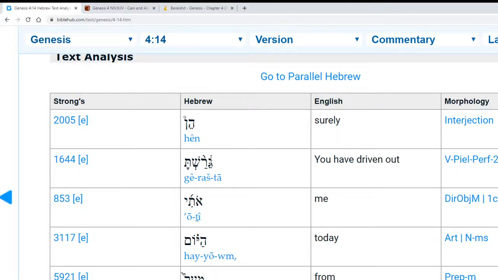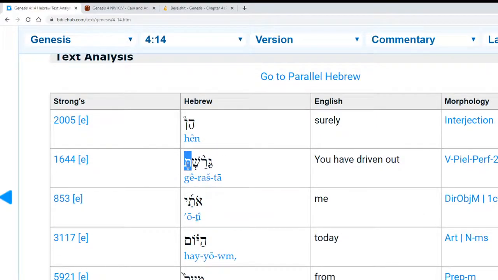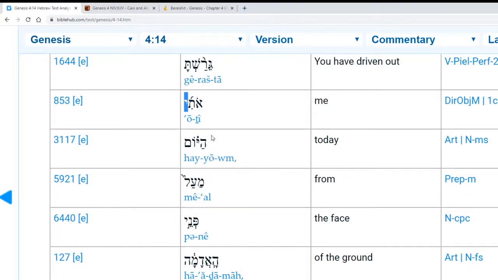But here, Gerashta, right? So this is second person masculine singular, Gerashta, you have driven. Oti, so et is the direct object marker, and the yud says it's referring to me, right? Oti, you have driven me out.